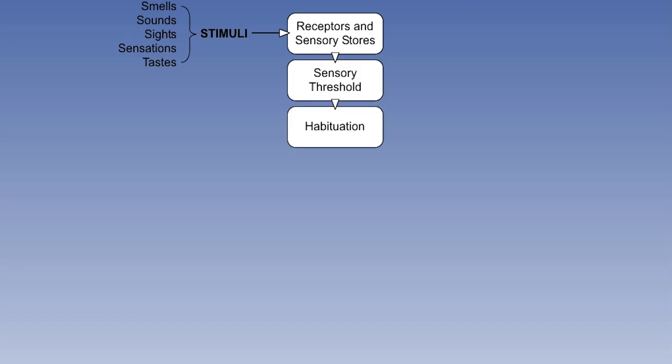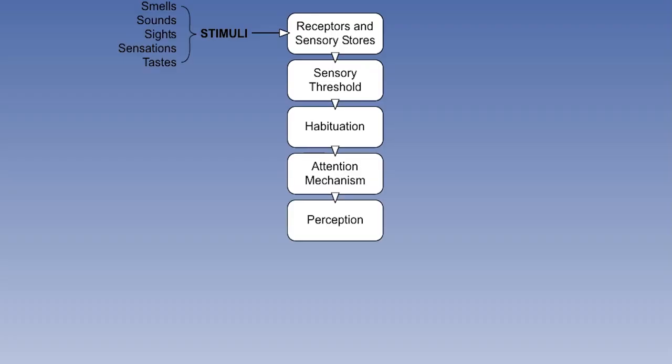As long as the stimulus is large enough to get over the sensory threshold, for example, a noise is loud enough to be heard and infrequent enough not to become accepted, known as habituation, then it will register in the attention mechanism. This information is interpreted into a meaningful message with the help of our stored experience and knowledge, which we can call our perception of stimuli.